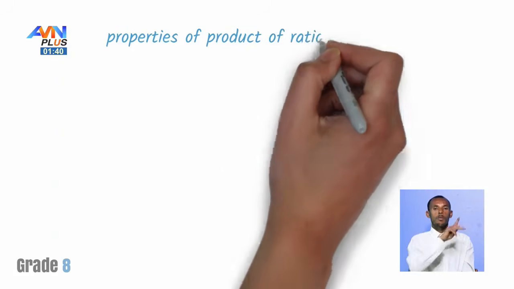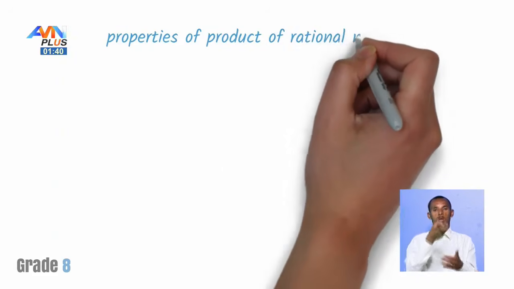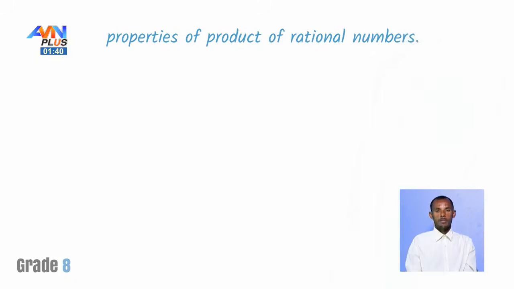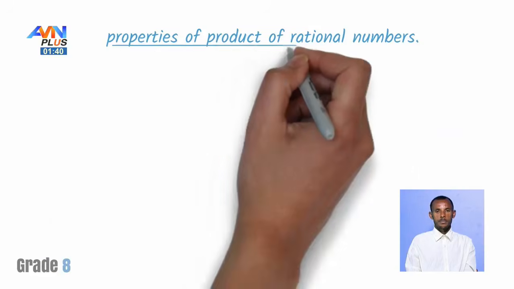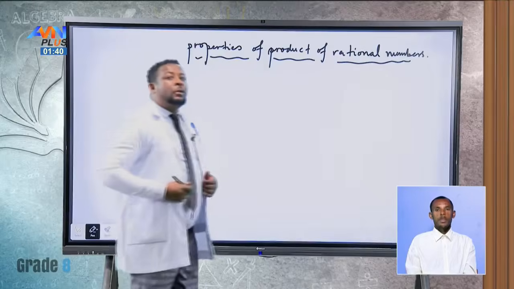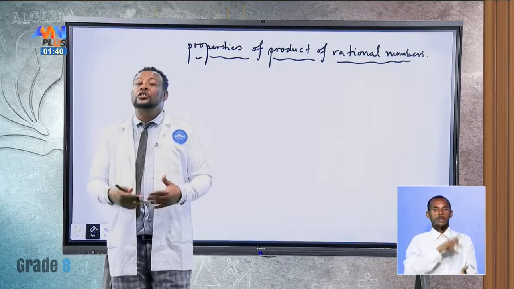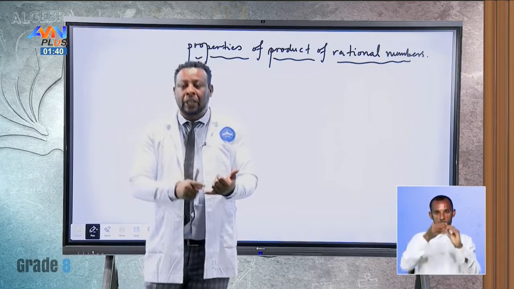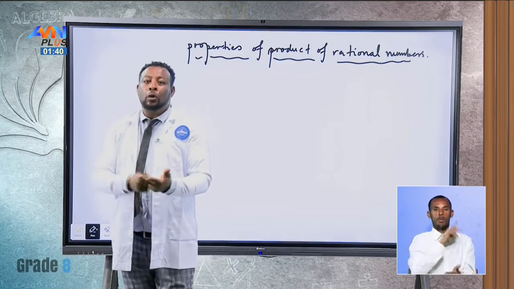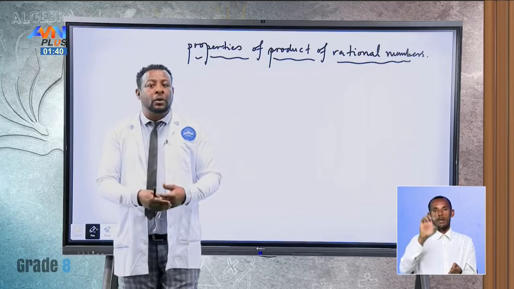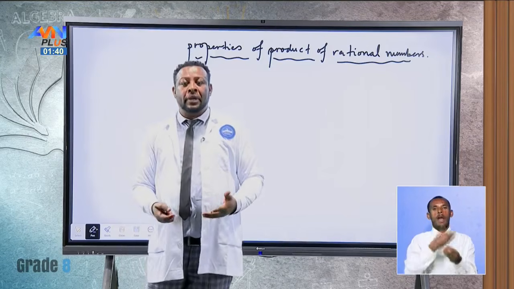Properties of product of rational numbers. If you remember, I stated some properties of addition of rational numbers like closure property, commutativity, associativity, property of zero, and additive inverse, right?